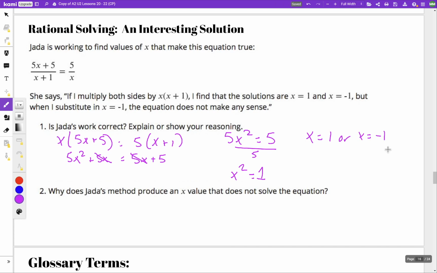Those are indeed the solutions to this equation. If we plug 1 in for x, we get 10 over 2 equals 5 over 1. Okay, perfect. That one works.